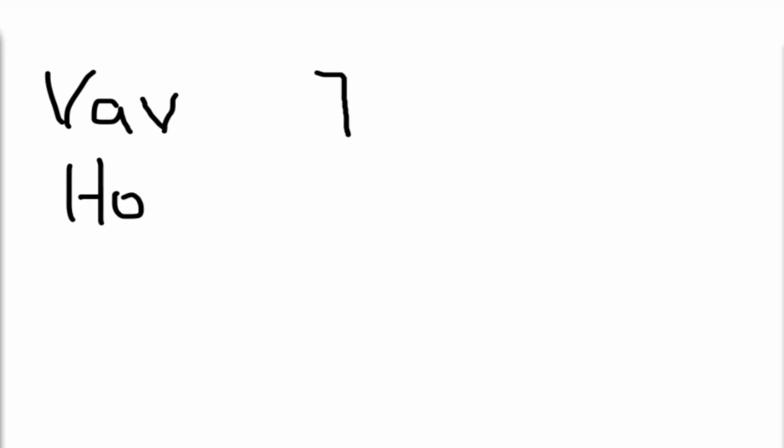Okay, so we have so far, and I'm going slow because again it's a little bit on the tricky side. We have the vav, which is like this. We have the holem, which is like this. And now we're going to add one more element, and that element is the shuruk.